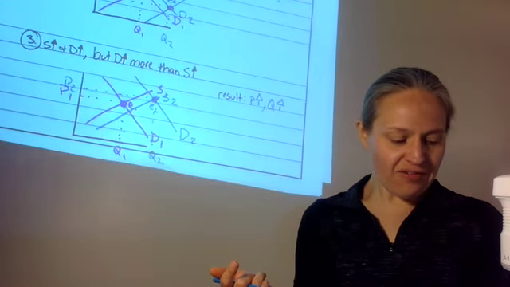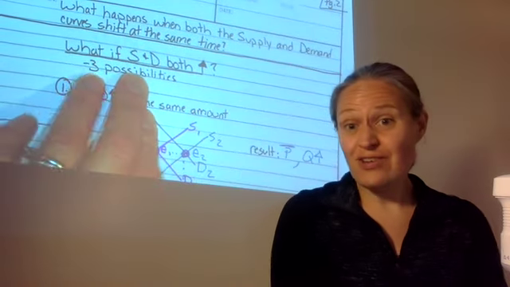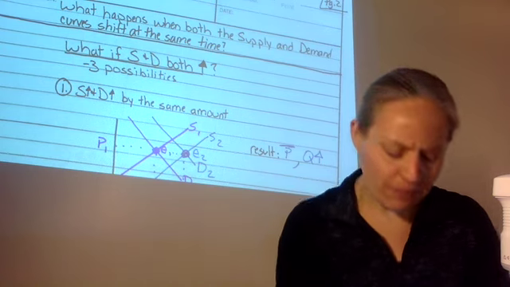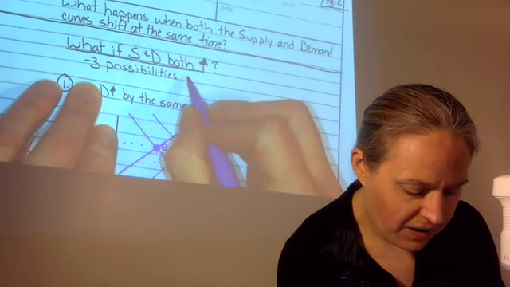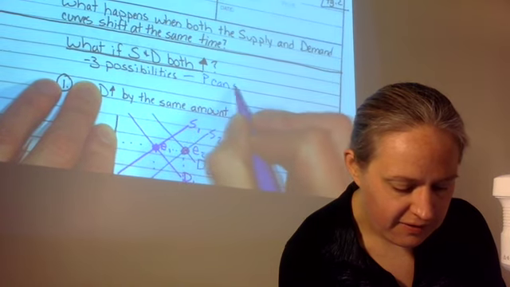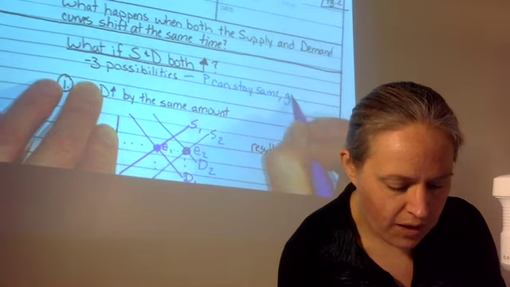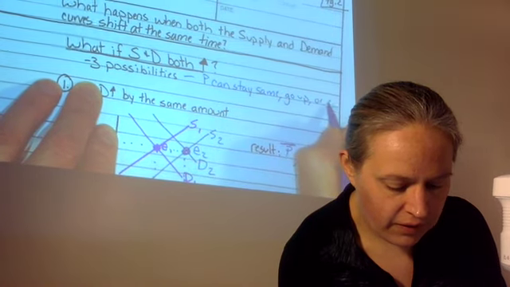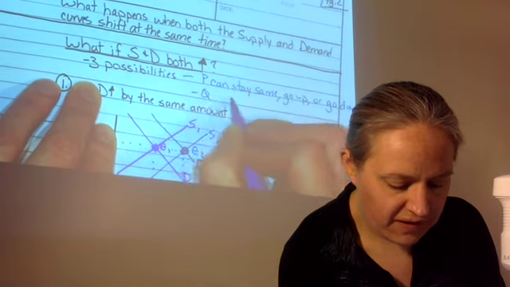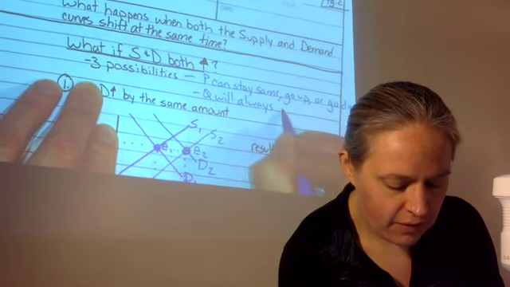So the 3 possibilities: the price could do who knows what, but the quantity is always going to go up. Price can stay the same, go up, or go down. Quantity will always go up.